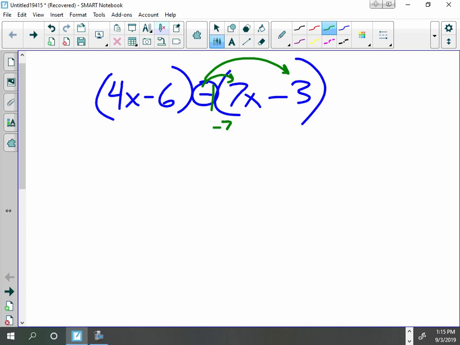So -7x plus 3. Now I can add the two parentheses together. So the way I look at it is you just change the signs on the right side and then change that to a plus. So now 4x minus 7x. So that's -3x. And then -6 plus 3 is -3.